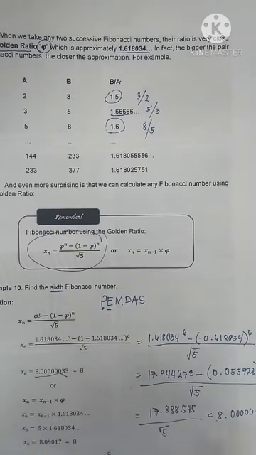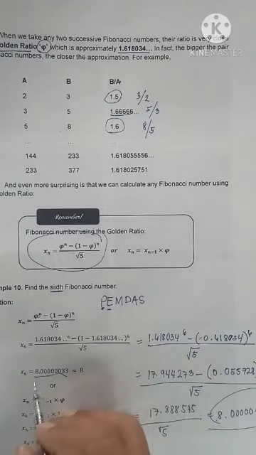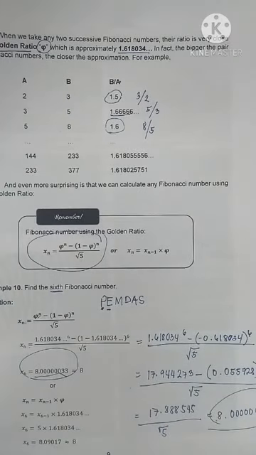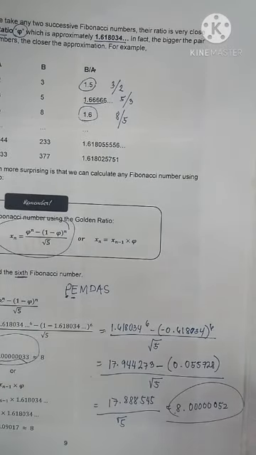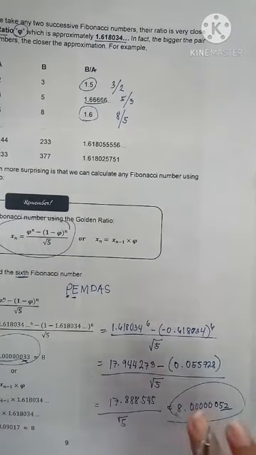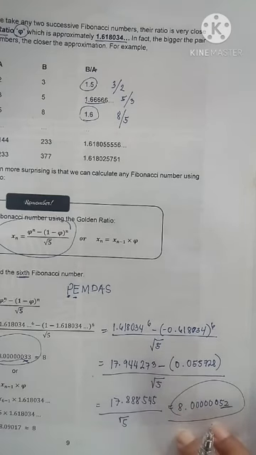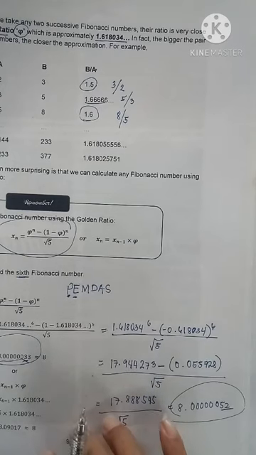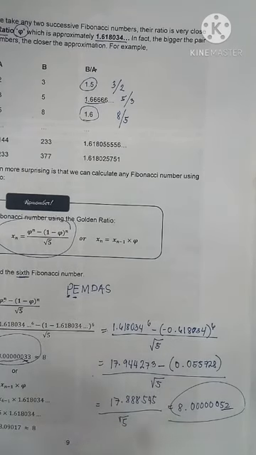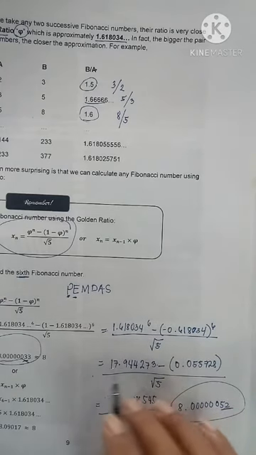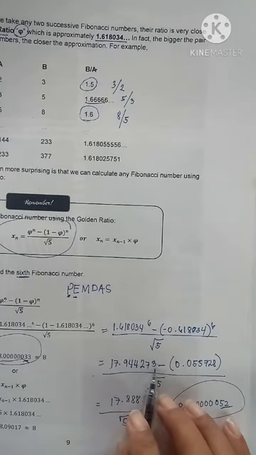So as you can see, we have almost the same answer. The difference is because in our solution we round off numbers. But if you use the exact amount, it is longer here.